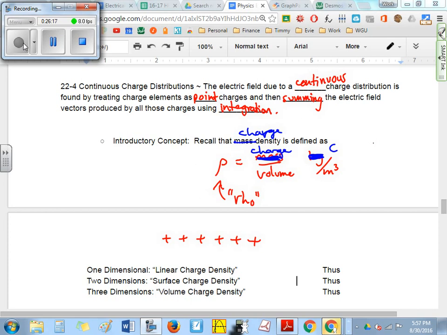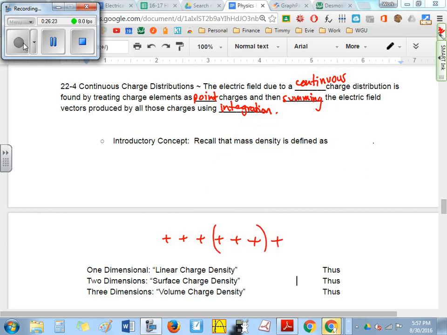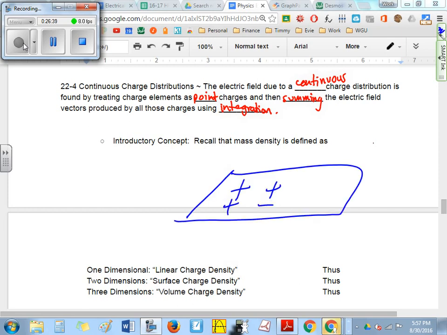Okay, so we have basically several possibilities. If we're working with a one-dimensional scenario, then we only have to consider how much charge there is in a particular given length, right? So there might be Q amounts of charge in this distance, L. From here to here is L, right? Or perhaps we would have like a surface covered in charges.